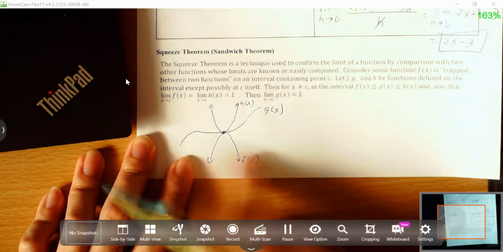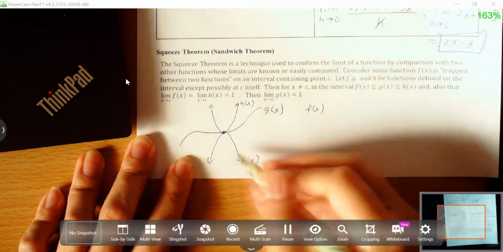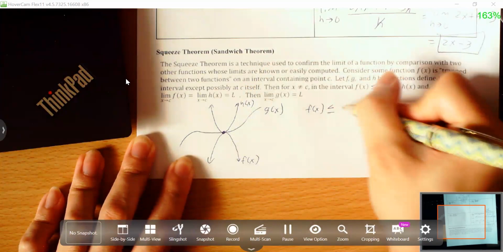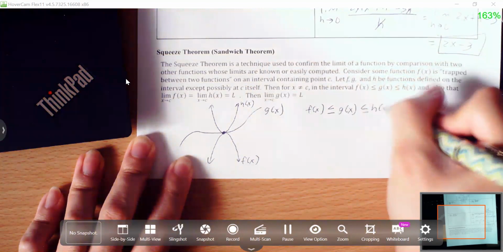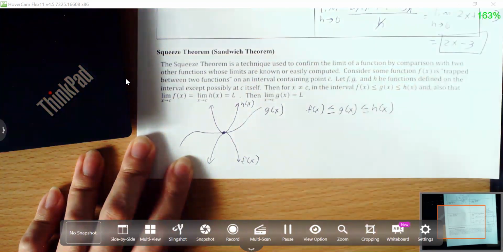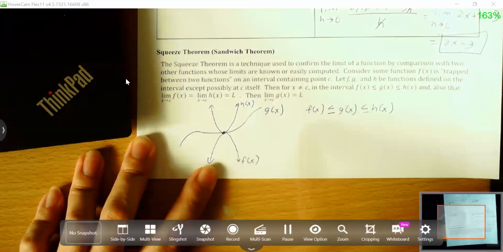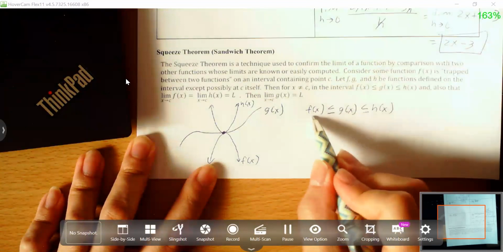Now, I know that f of x, just by looking at the picture, will always be less than or equal to g of x, which will always be less than or equal to h of x. So I know this is the case. Now, I know how to deal with the f function and the h function.